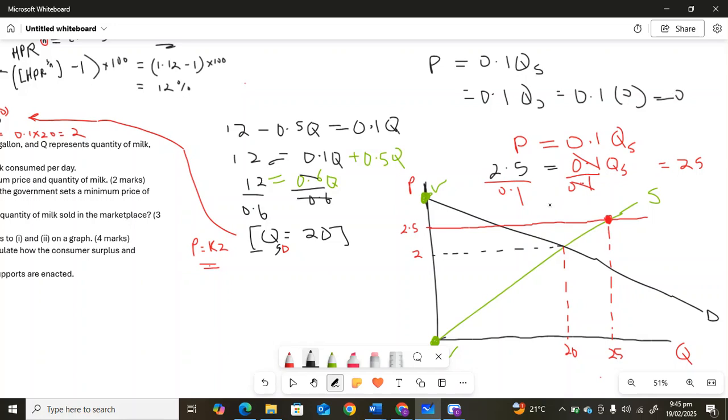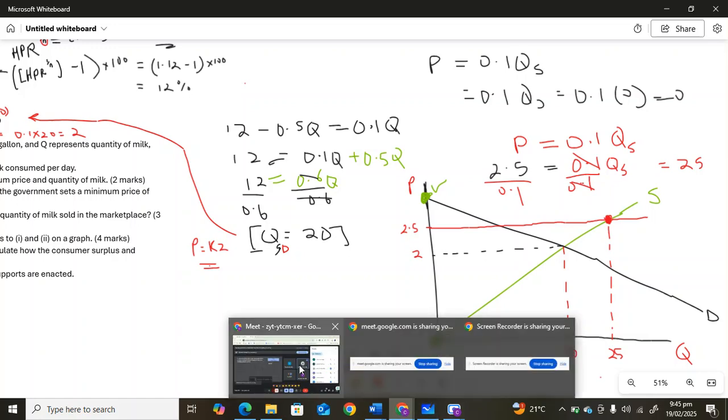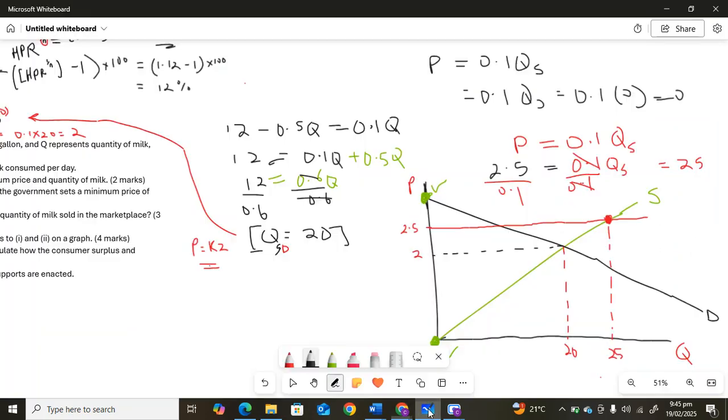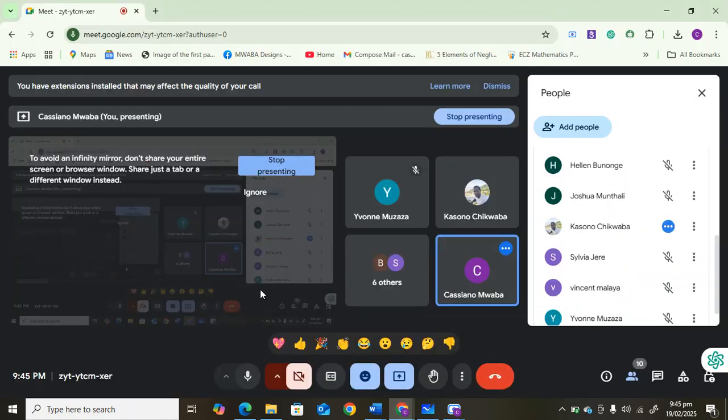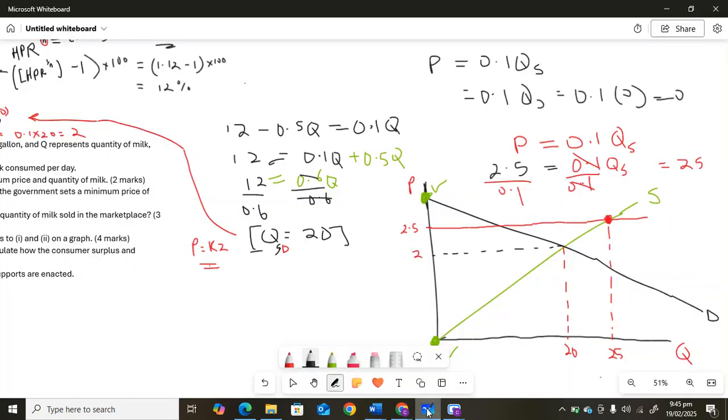You're not seeing the board. How many can see the board?